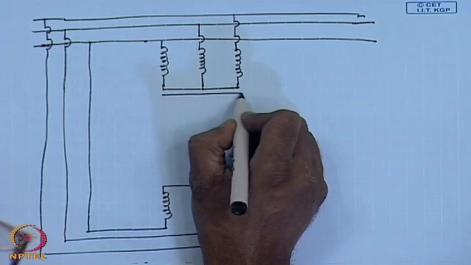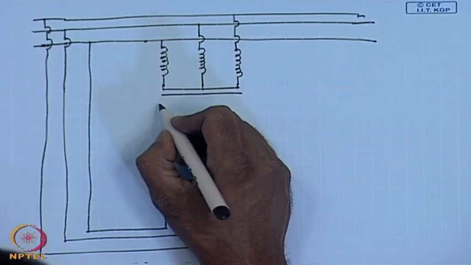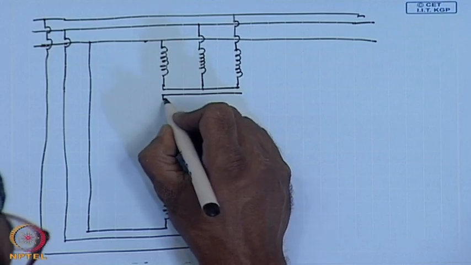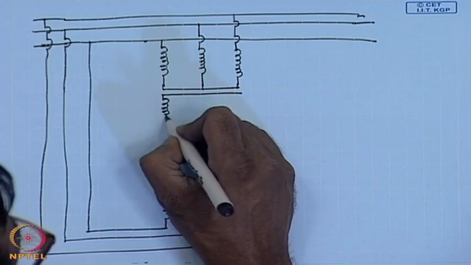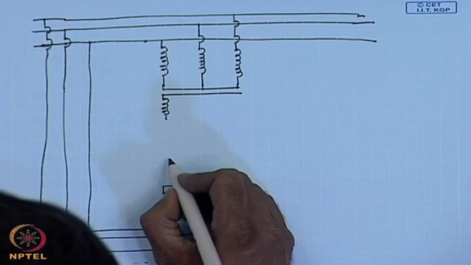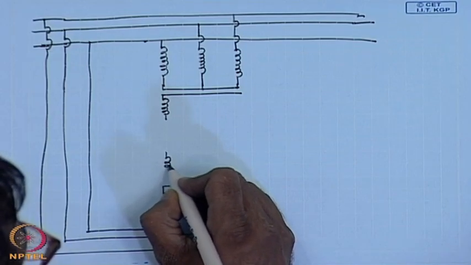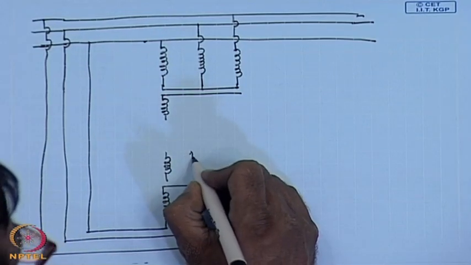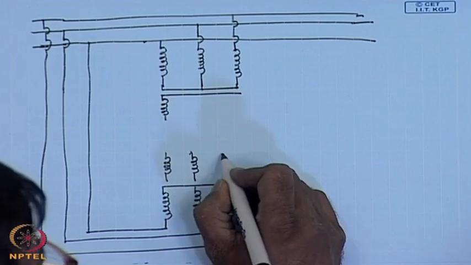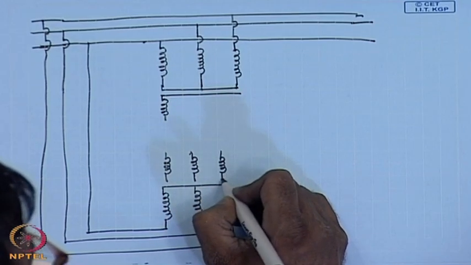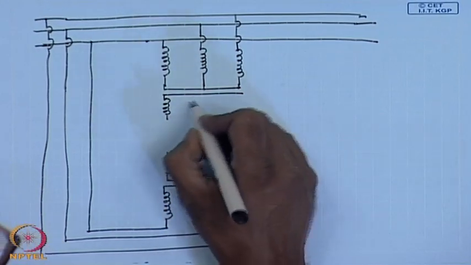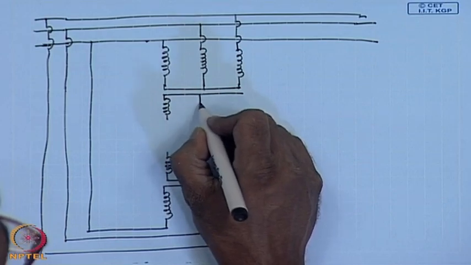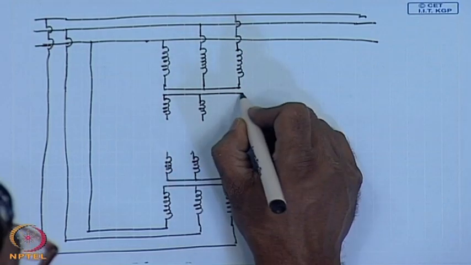These windings are to be connected in series, and the polarities should be such that the induced voltages oppose each other.